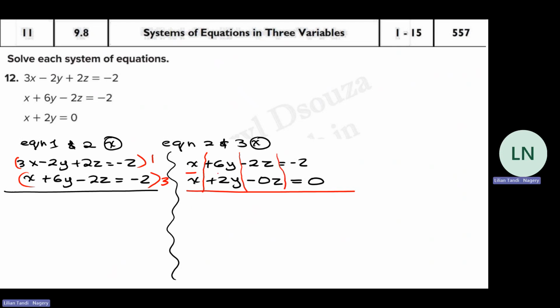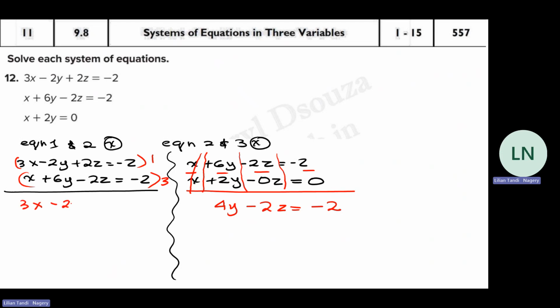So they're the same, you subtract, you get 0. 6 minus 2, 4y. Negative 2 minus 0, so negative 2z, and negative 2 minus 0 is negative 2. Okay, we do this here.